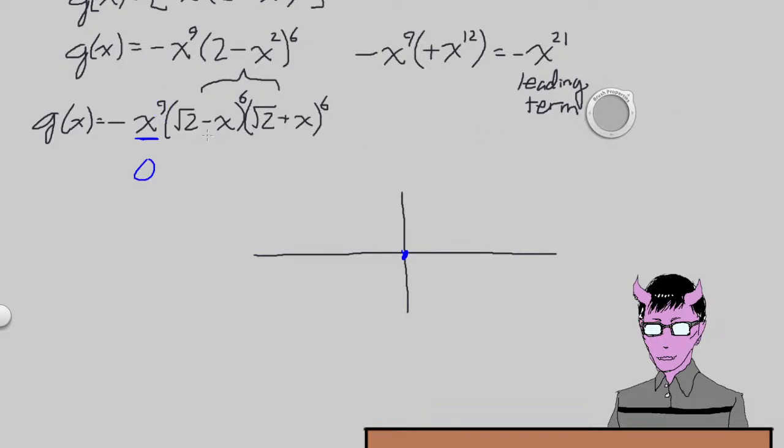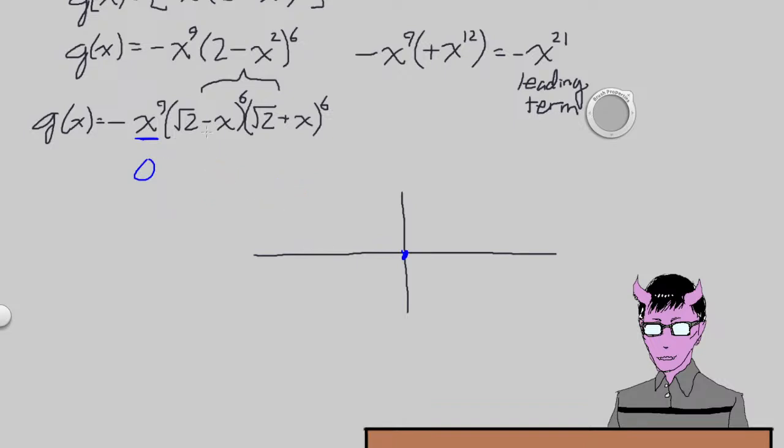We have a 0 at positive root 2. What is root 2? Root 2 is between root 1 and root 4, so it's closer to root 1. So it's like 1.2-ish.